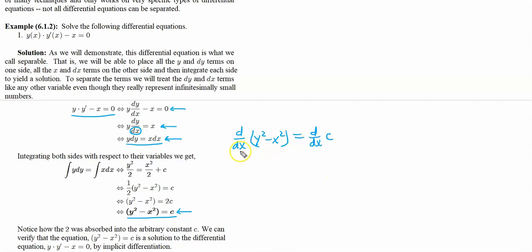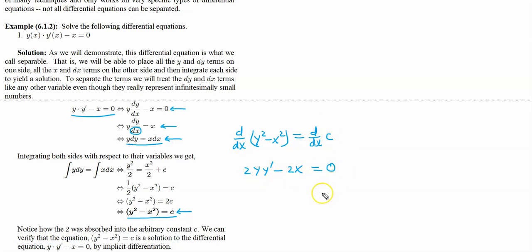Okay, now the derivative of the left-hand side, the derivative of this with respect to x, is going to be 2y y prime minus, and the derivative of this is going to be just 2x. All right, derivative of x squared with respect to x is 2x, and then the right-hand side here is 0.